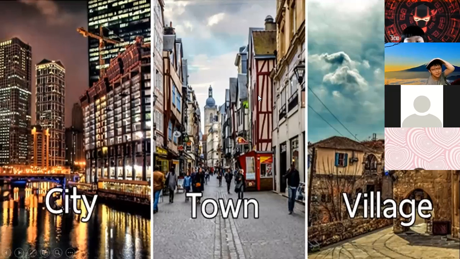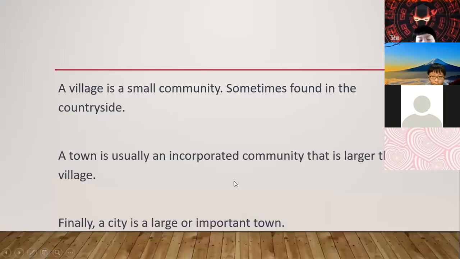So just some pictures here quickly. You can see a picture of a city, a picture of a town, and a picture of a village. In different countries, they look different. A village in Thailand would look different to a village in England. A village is a small community, sometimes found in the countryside.